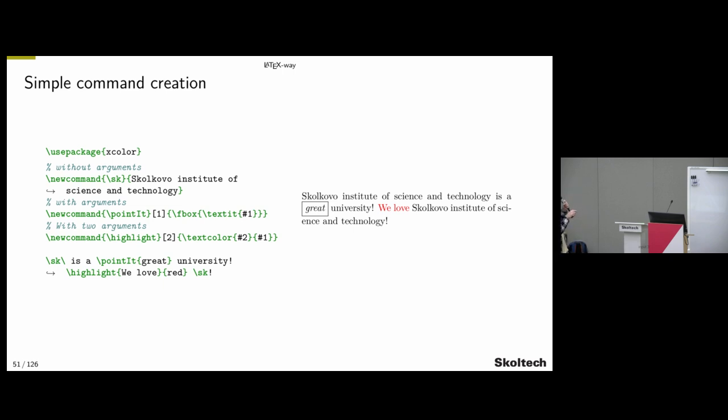And 2 arguments are written in this way. Note that it is not with a comma, it is not with spaces, it is just braces. So the first argument is the first brace, the second argument is the second brace. Is this example clear for you, or do you have any question about this example?